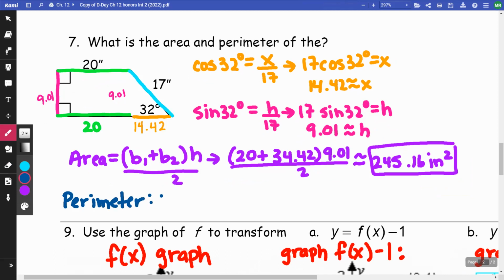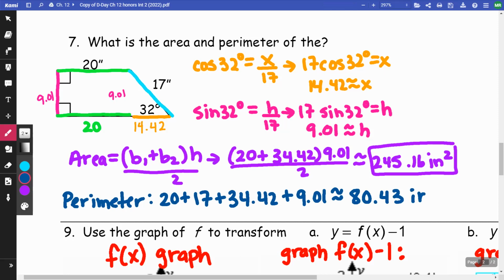So I'm going to have 20 plus 17 plus 34.42 plus 9.01. I end up getting about 80.43 inches.